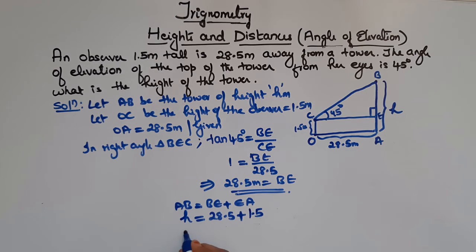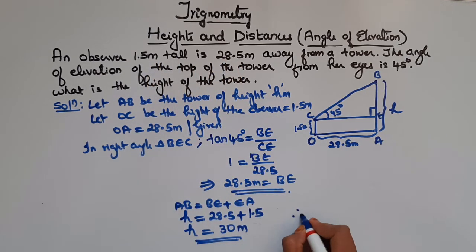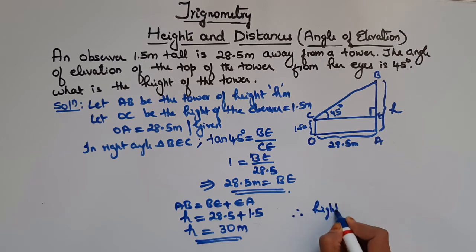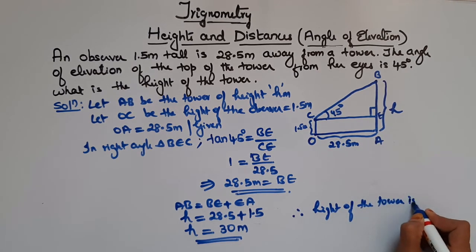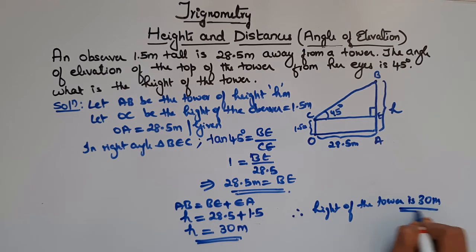So H is equal to 28.5 plus 1.5, which is 30. So therefore the height of the tower is 30 meter. Since all the measures are in meters, your height also will be in meter. So therefore height of the tower is 30 meters. Make sure you write the units.